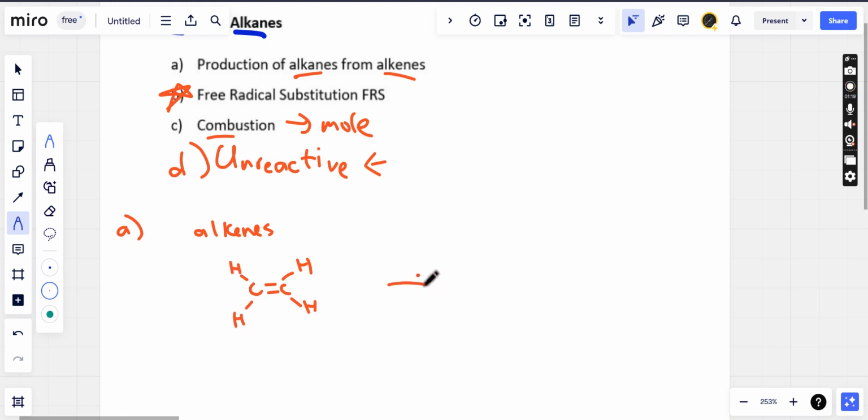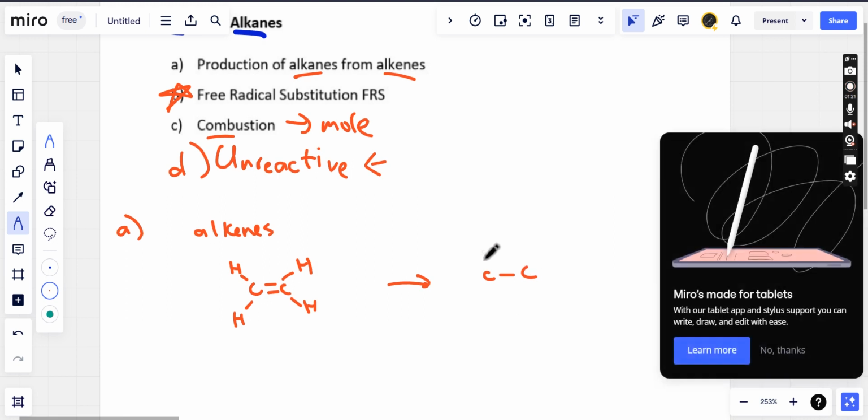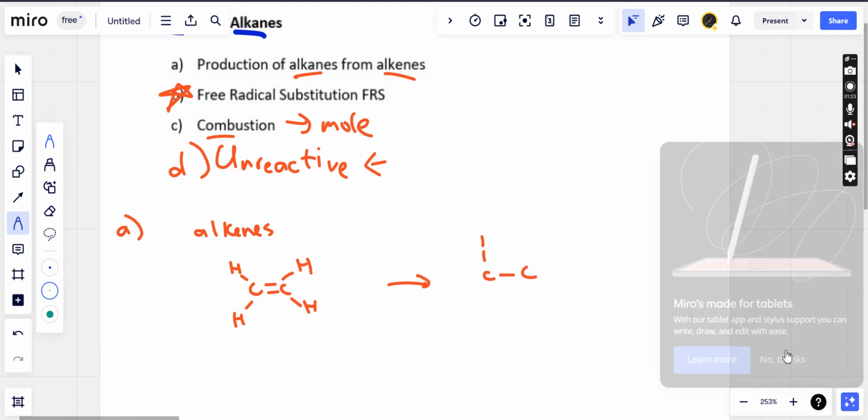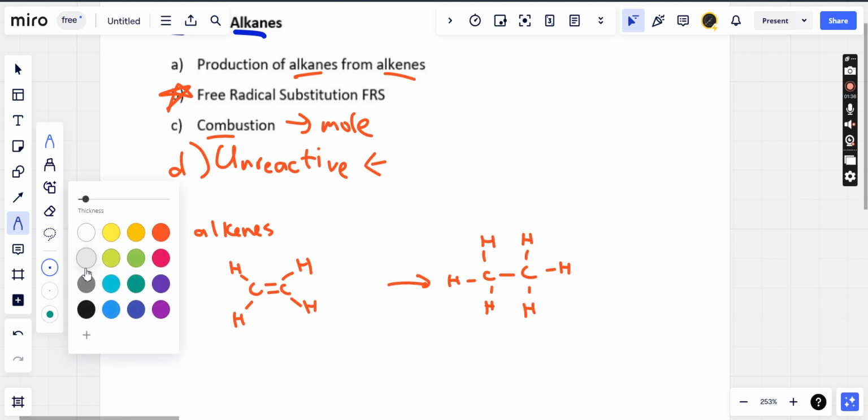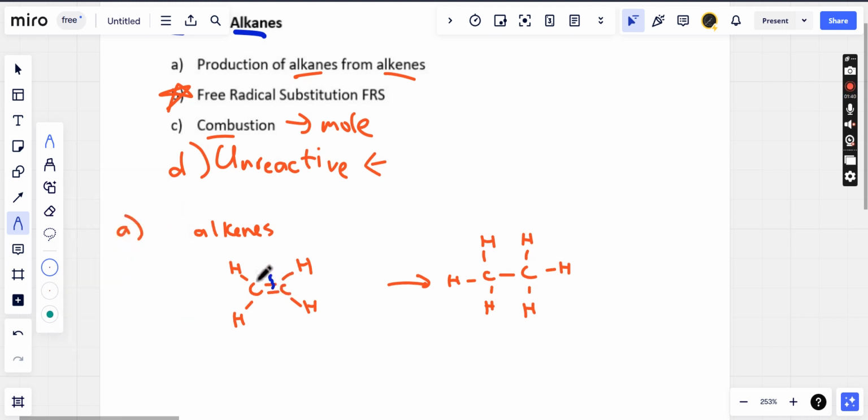And then you want to make an alkane, ethane. So what you are doing here is you are essentially just breaking up this pi bond and adding two more hydrogens to the alkene.